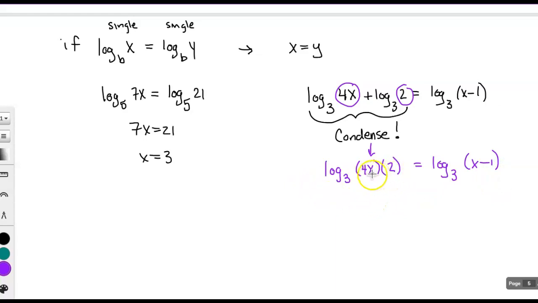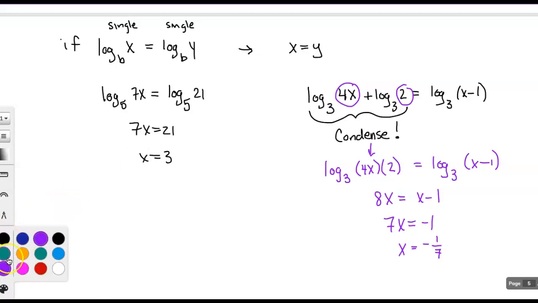So we would say 2 times 4x is 8x equals x minus 1. And then I would subtract this x over, and I would get 7x equals negative 1, or x equals negative 1/7.